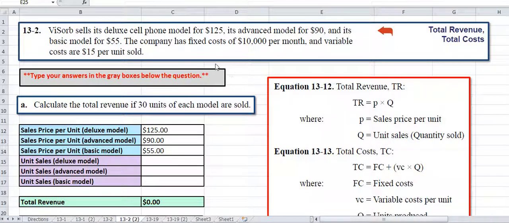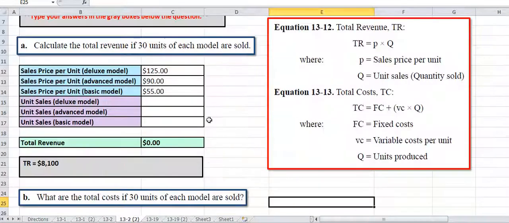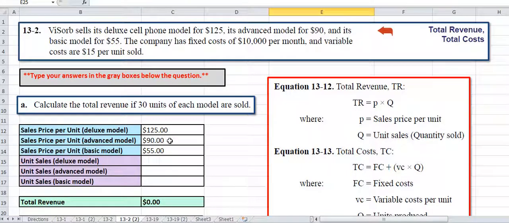So what we have is the three models of cell phones, and they sell for three different prices. I've already put those in right here. So you want to put your prices in here, and then you want to look at how many are sold of each one.